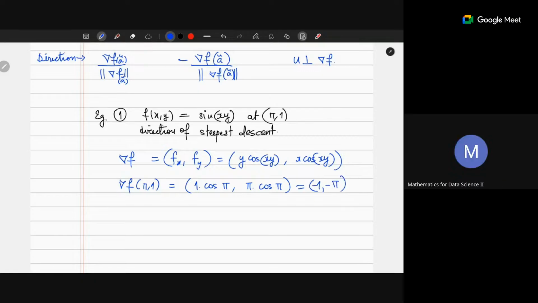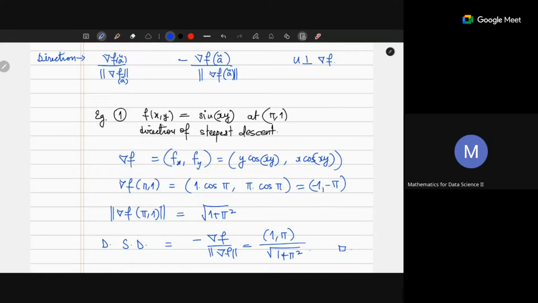That's the answer. And now the norm of this is the square root of 1 plus pi squared. So the direction of steepest descent is equal to minus of this, which is going to be 1 comma pi divided by the square root of 1 plus pi squared.